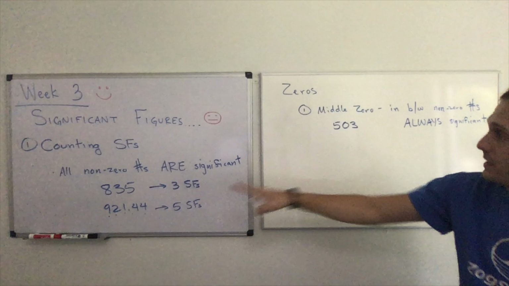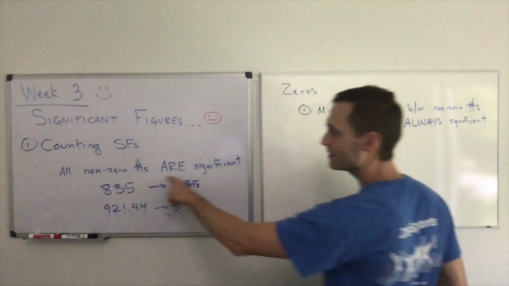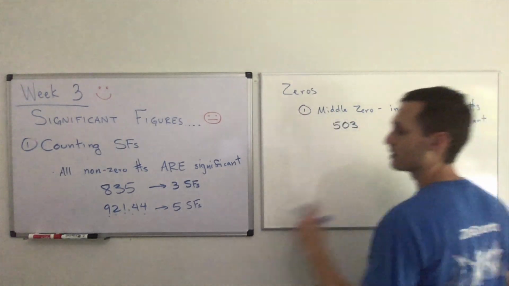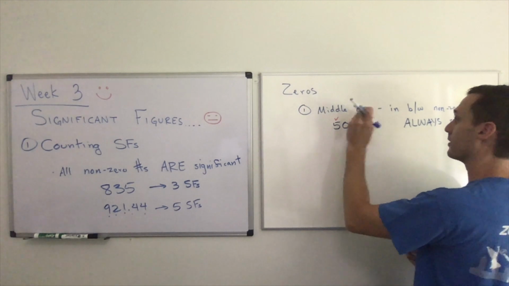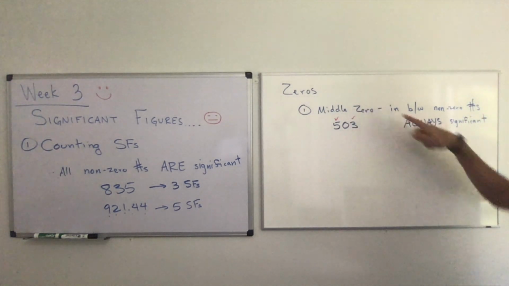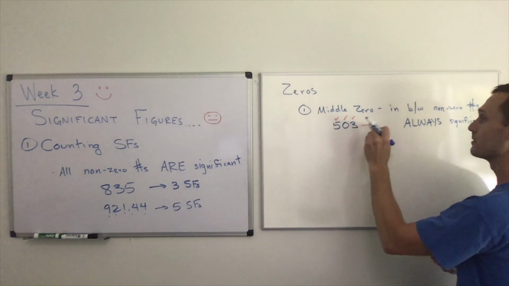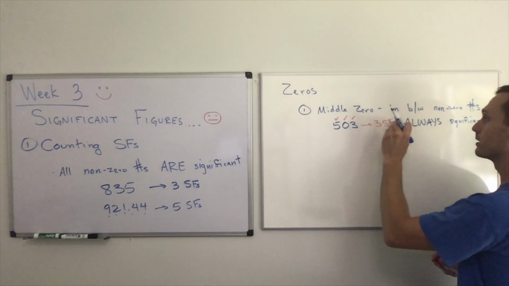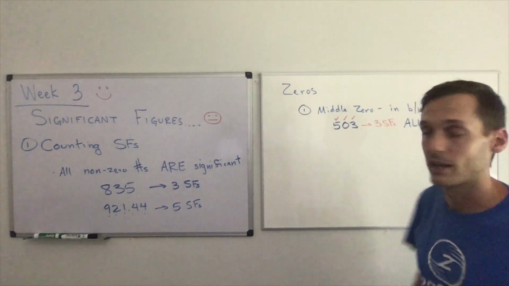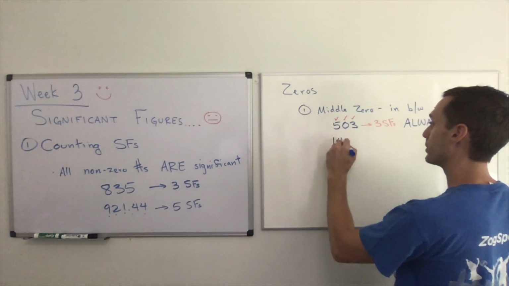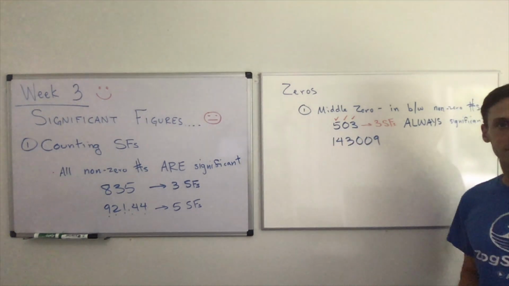So if we apply these first two rules to this number, 503, well, all non-zero numbers are significant. So, of course, the 5 is significant and the 3 is significant. But also we have a middle 0 here, so that middle 0 is going to be significant, meaning we have 3 sig figs in 503. Okay? How about this one? We have 143,009.